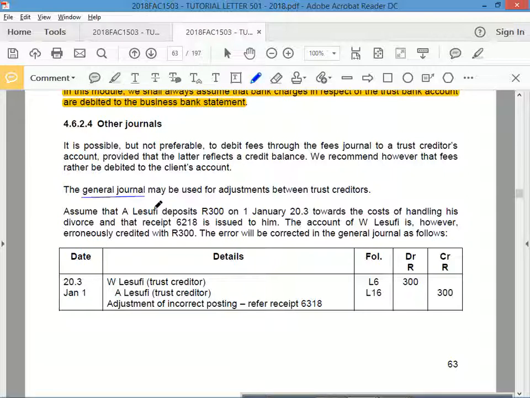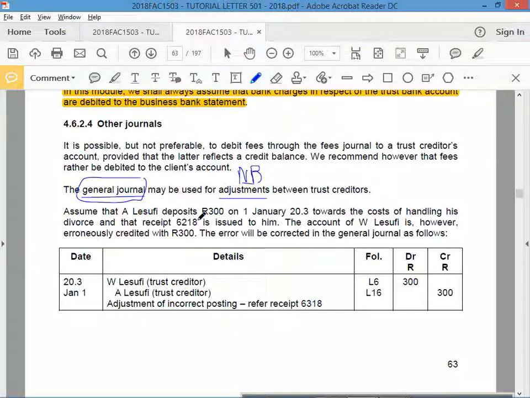There can be a fees journal, a debtors journal, a creditors journal, lots and lots of different types of journals. The general journal is just for other things that we cannot record in a specific journal, and normally also adjustments. Adjustments would be things that you would have to do in your books in order to make things correct and accurate. So here's one example.